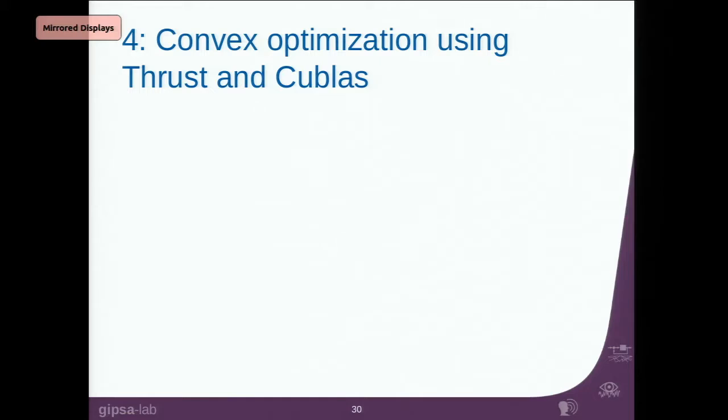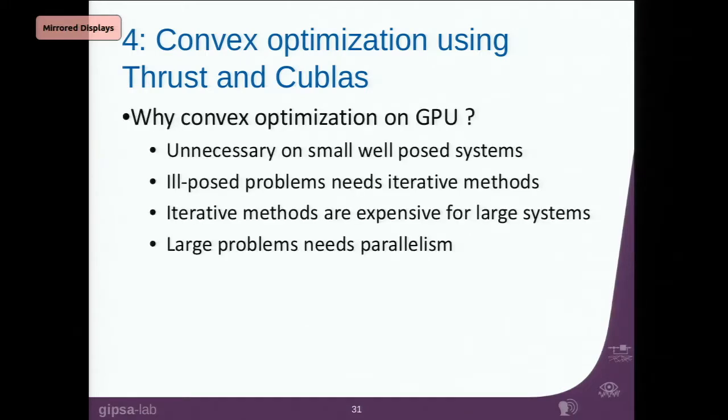Okay, now I'll switch to very practical examples that I've used. Here it's a very simple convex optimization, like gradient descent, based on Thrust and cuBLAS. Why can it be interesting to use Thrust?